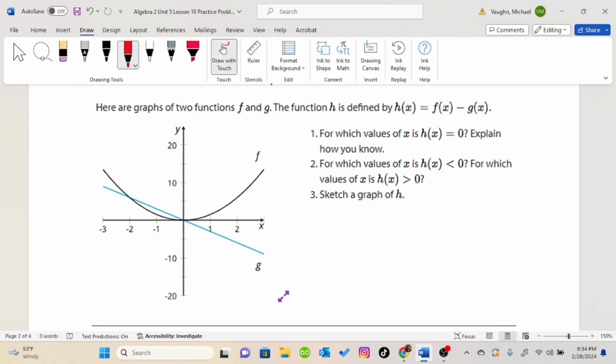In order for me to get a value of 0 for h of x, I would need f of x and g of x to be the same, because anything minus itself is 0.